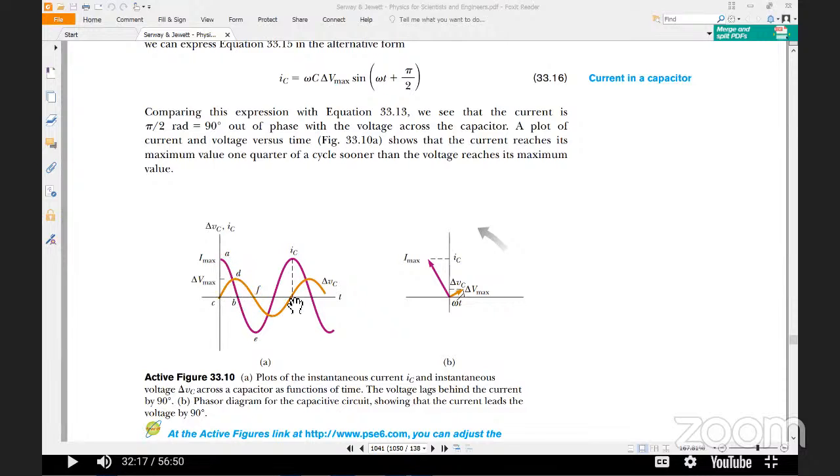So the voltage lags behind the current. Fase arus ketinggalan sebesar Pi/2. Jaraknya kan Pi/2. Ketinggalan Pi/2.